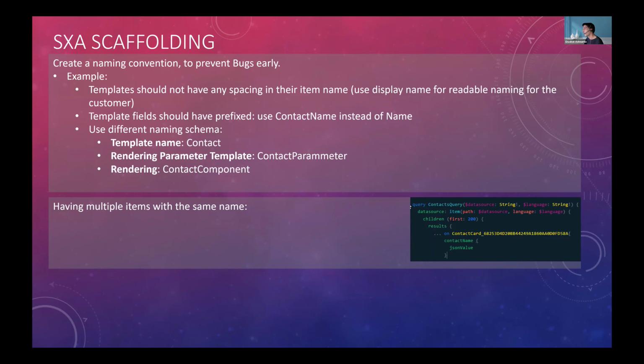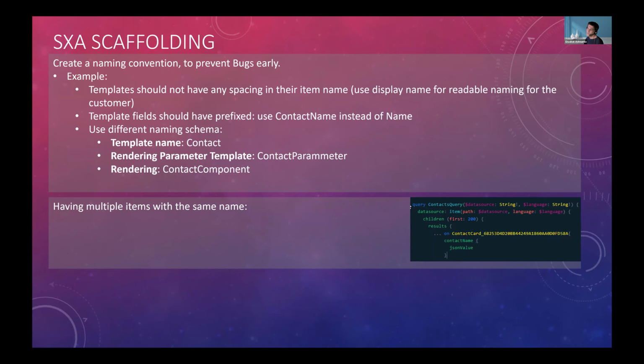The issue that we had was we had, for example, in this case, contact card template, and the name of the rendering parameters was also contact card, and the name of the rendering was also contact card. We had three items with the same name.